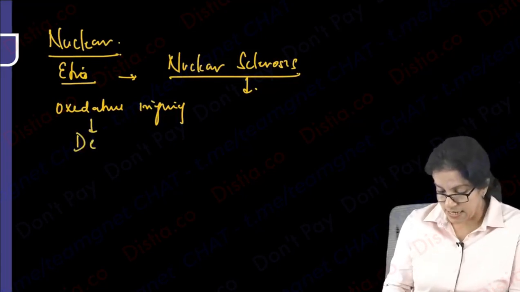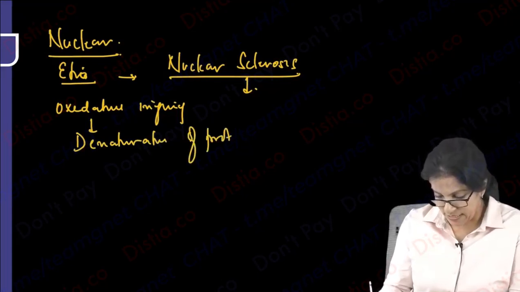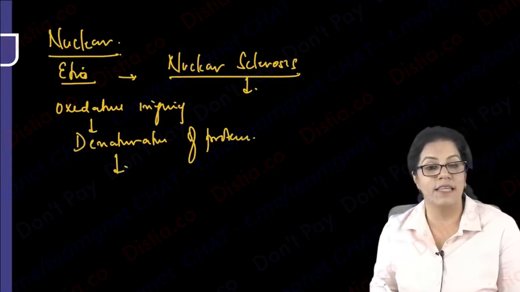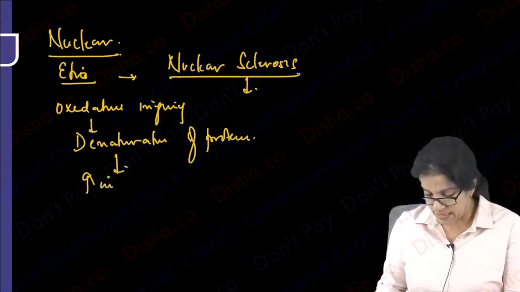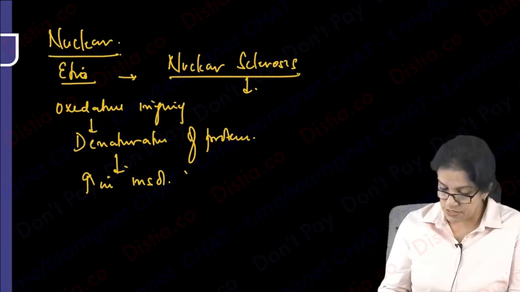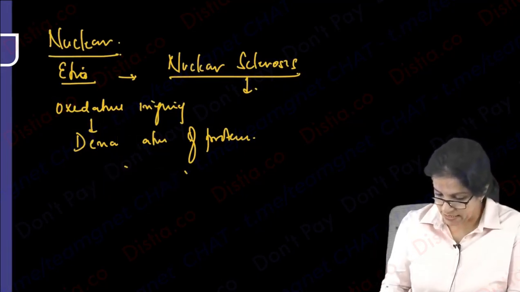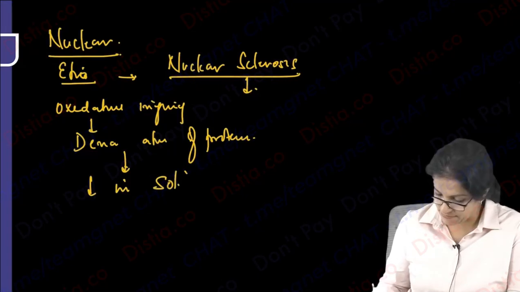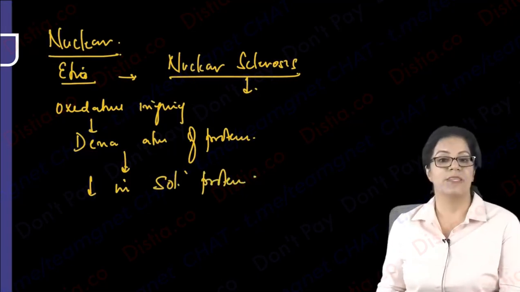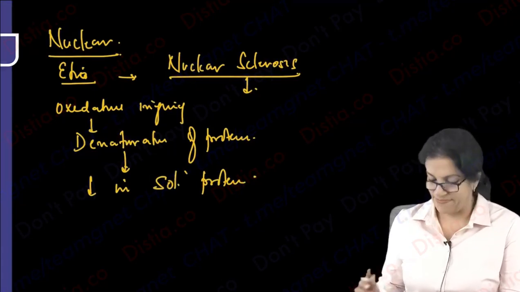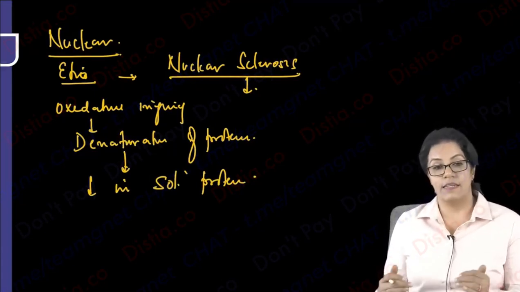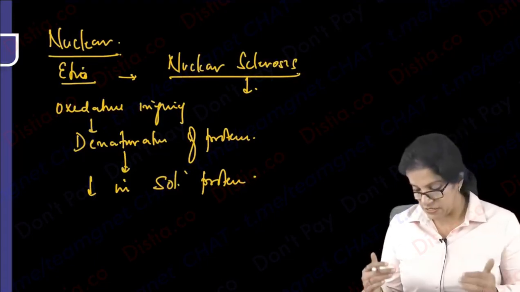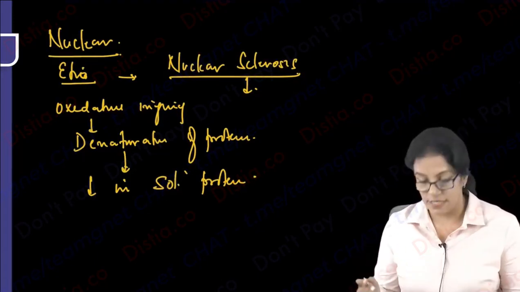It leads to denaturation of proteins, which causes an increase in insoluble protein and a decrease in soluble protein. You write it like this. Oxidative injury is causing denaturation of the proteins.